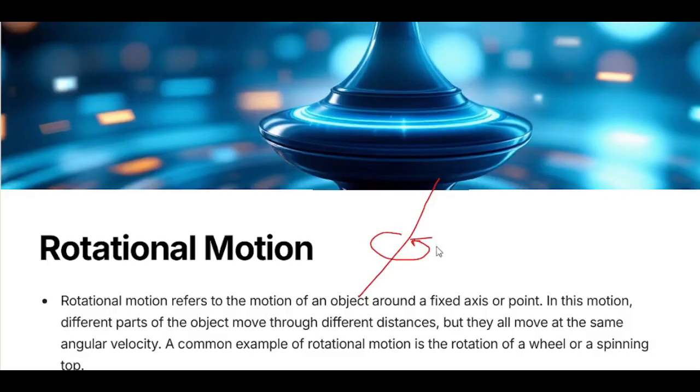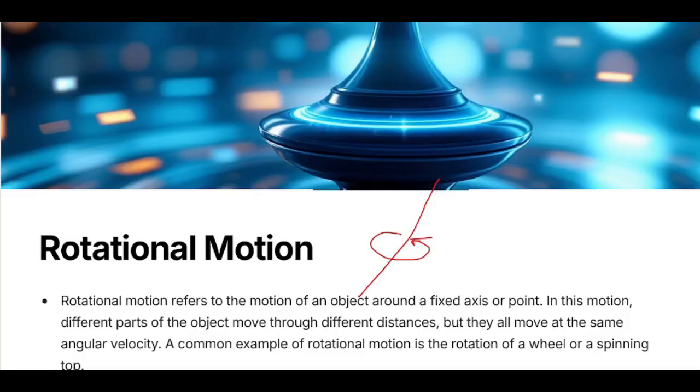So when you have any object moving continuously around a particular axis or a particular orbit, that kind of motion is known as rotational motion. In the case where you stand and someone is running around you, the person is exhibiting rotational motion, because you are a static point and the person is moving around that static point.